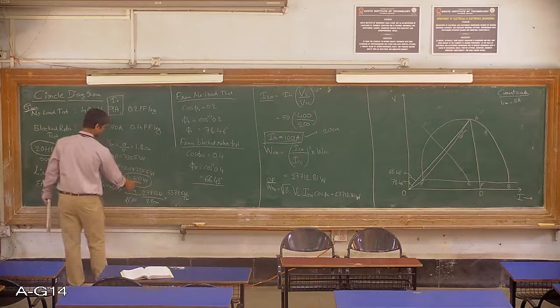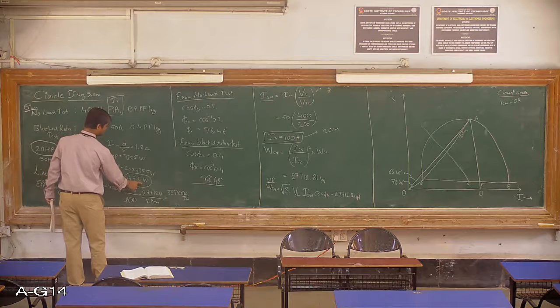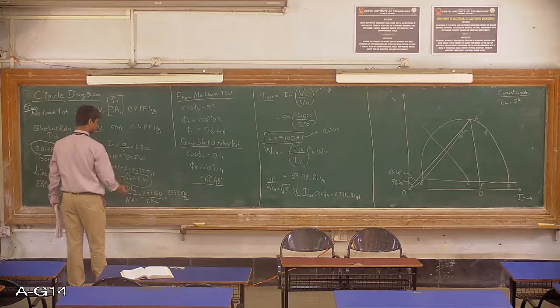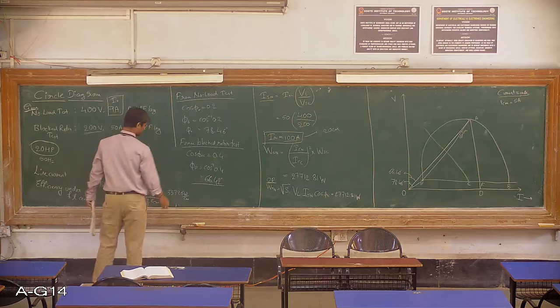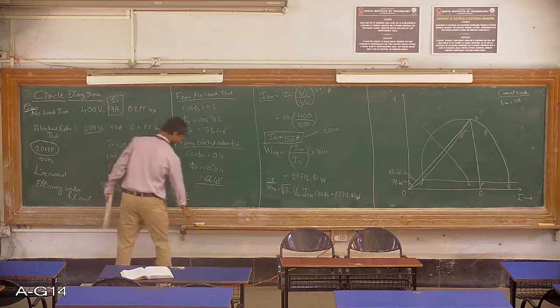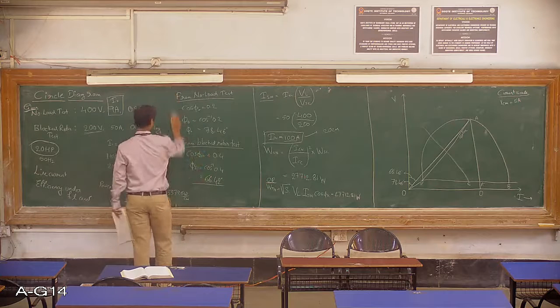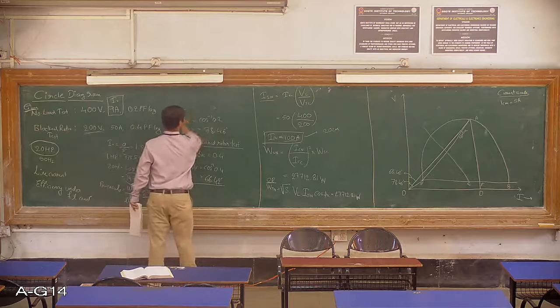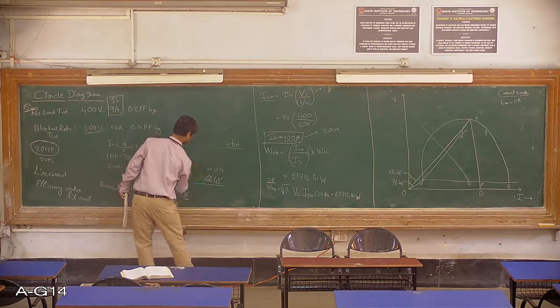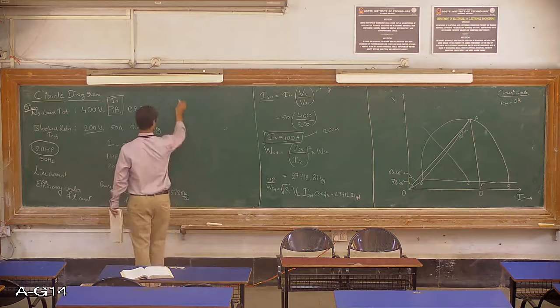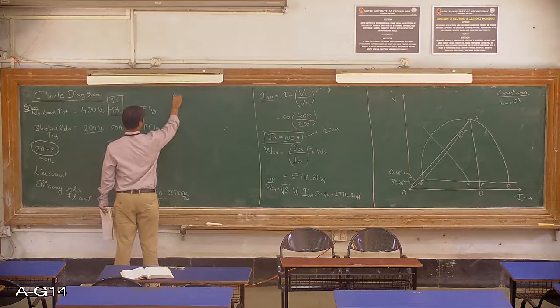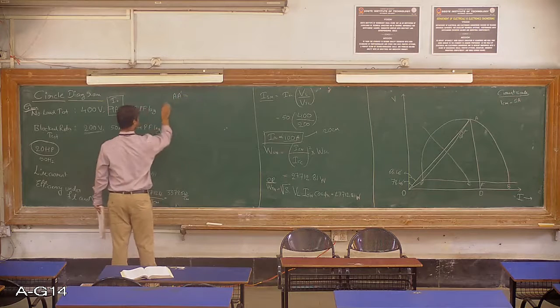We know that the output is 14,710 watts. Now I have to convert this into centimeters. So divide this output by the power scale, and I'll get the length of AA dash.